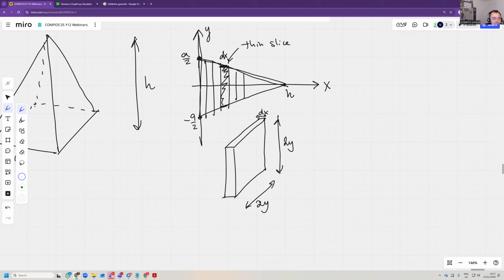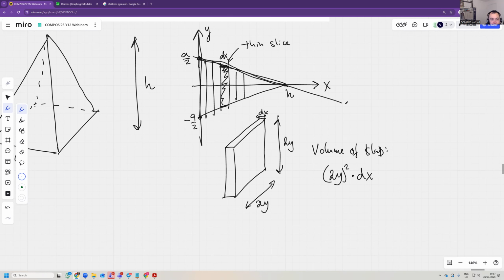Now, to find y, it's the equation of that straight line. So the volume of the slab is going to be 2y squared multiplied by dx.